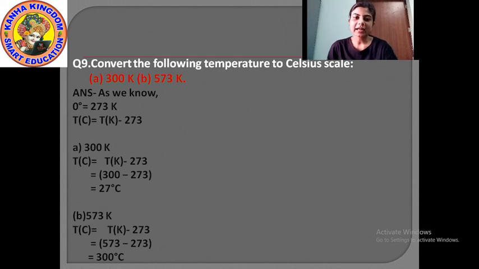Students, our next question, question number 9, is: convert the following temperatures to Celsius scale. The temperatures given are: A, 300 Kelvin, and B, 573 Kelvin.